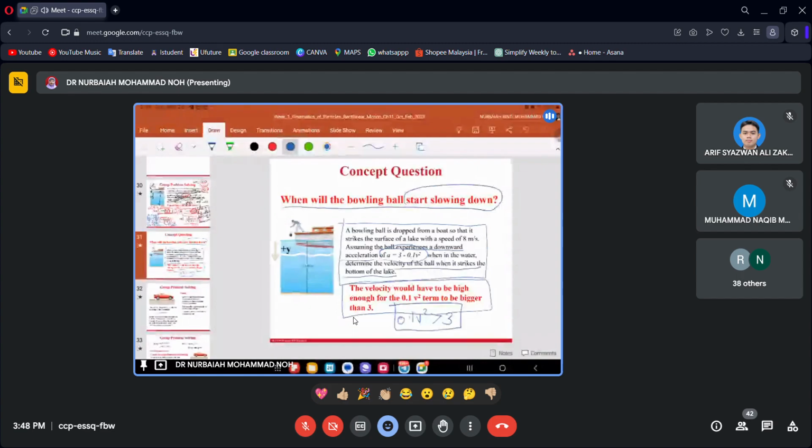We will get the maximum velocity when A is equal to 0. So we make this one equal to 0. Then you will get these functions. Okay. So maksudnya bila enough high value of the velocity. Tapi bila dia less, dia dah start slowing down the velocity.